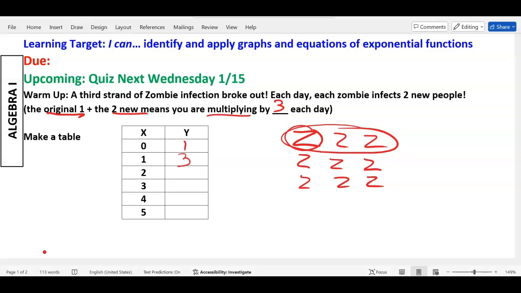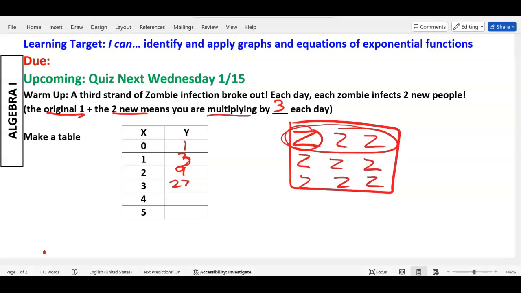Now, if we're just multiplying by 3, on the next day, we're going to take that 3 times 3. What's 3 times 3? 9. Okay. Very good. And can't you see that right here? We have a 3 by 3 block of zombies. That's 9 zombies total. Okay. Now, I'm not going to draw these anymore. We're just going to use our brain. We're multiplying by 3. What is 9 times 3? 27.